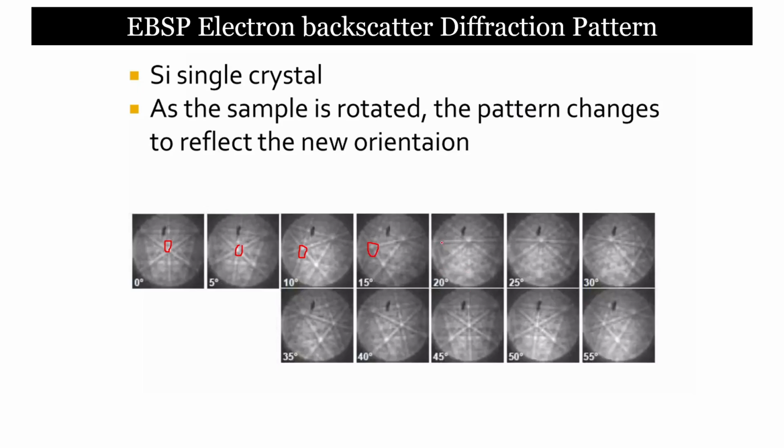At 20° you can't see that O point of your Kikuchi pattern, and then at 25° you can see that another zone axis has come to the center, and your sample is oriented in a different direction. Similarly, when you tilt your specimen, the orientation changes, and as a result the Kikuchi patterns formed on the screen will also change, and they will tell you in which orientation you are present.